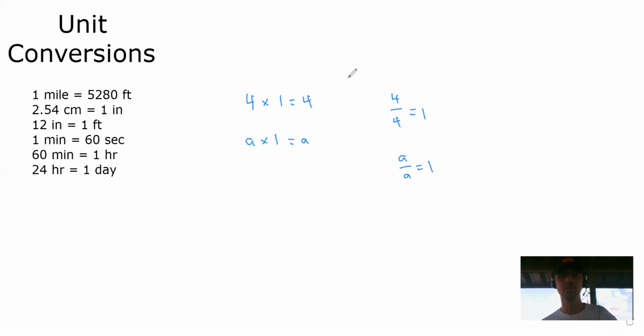Well, you'll notice over here to the left that I have several unit equivalencies: what one value in one unit is equal to in another unit. These are the conversion values here.